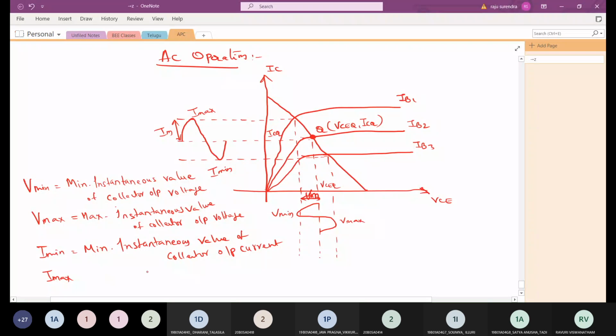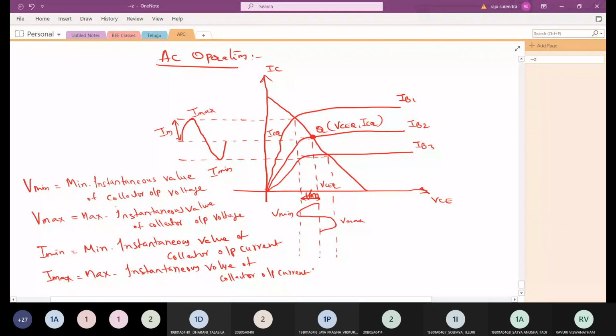Imax is nothing but maximum instantaneous value of collector output current.